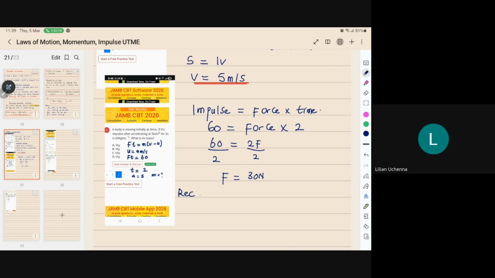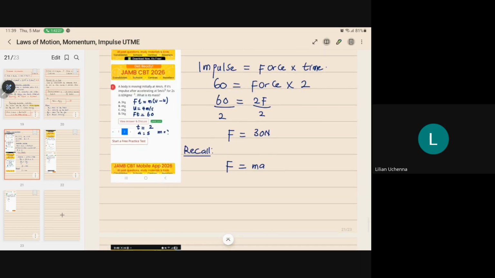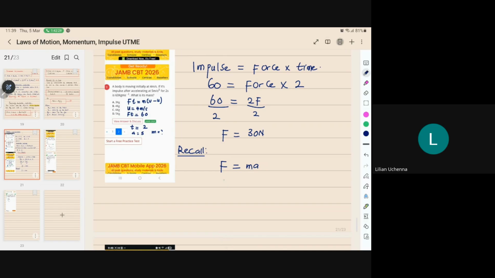But recall that F equals ma. We are looking for the mass. The value of F is 30, equal to mass times acceleration, which was given to us as 5. So 30 is equal to 5m.